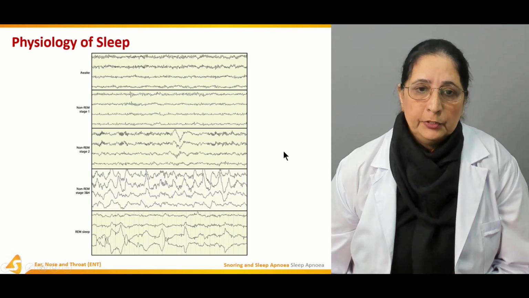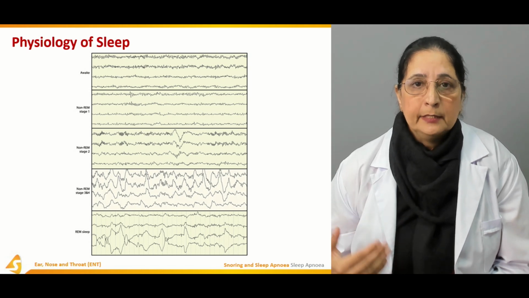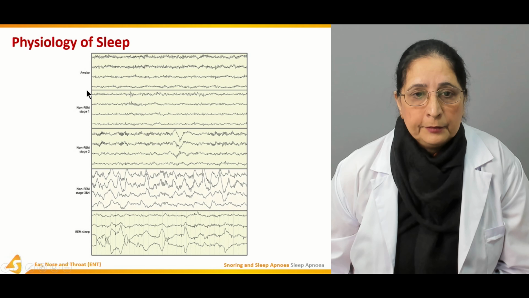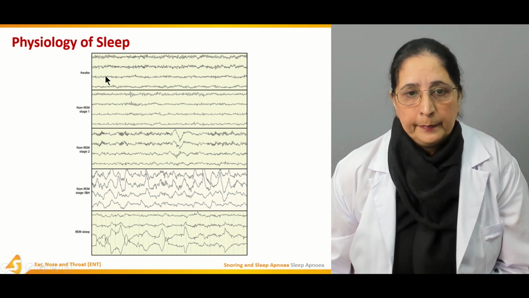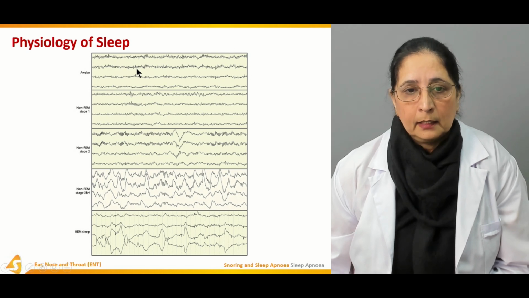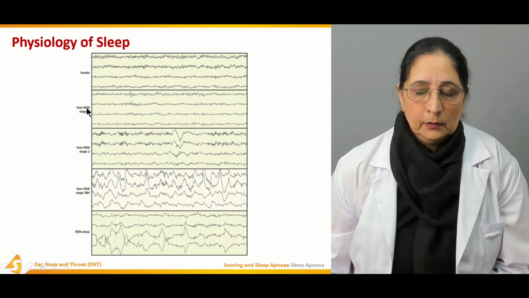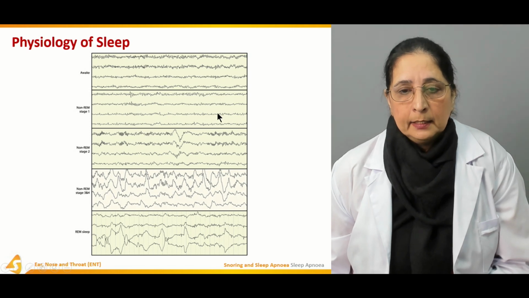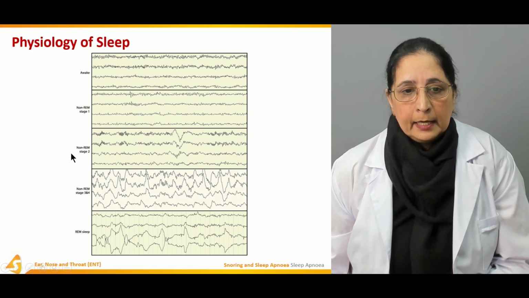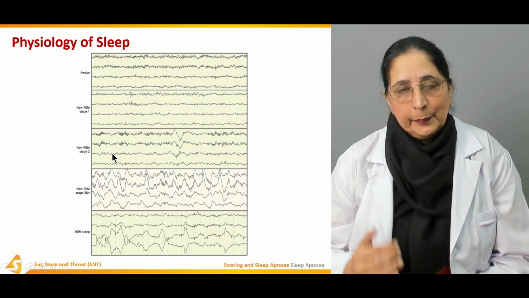This is the physiology of the sleep. In the normal sleep, all these different phases occur. We have when the person is awake and not sleeping, those are the waves that are achieved. Then we have non-rapid eye movement stage 1, that's the recording. Then stage 2, non-rapid eye movement. The patient is now, you can see the graph is becoming deeper and deeper.